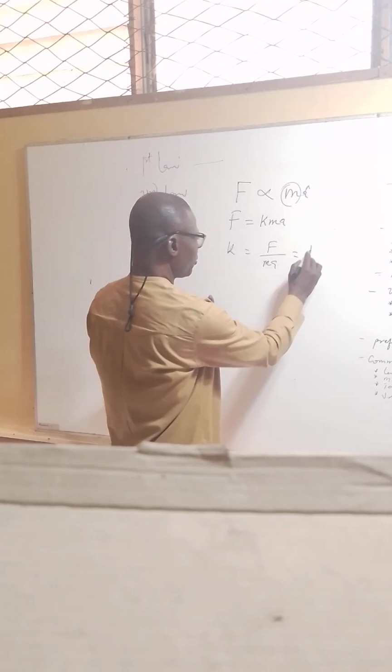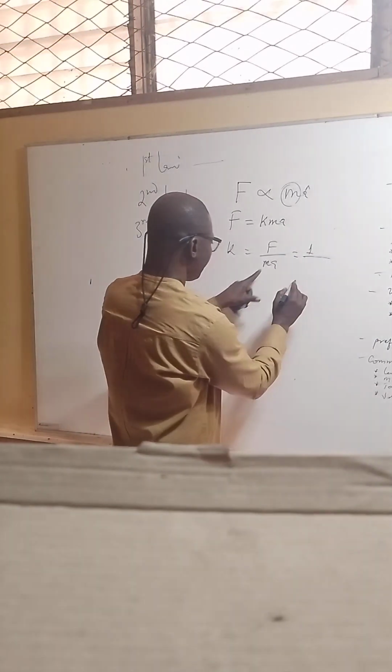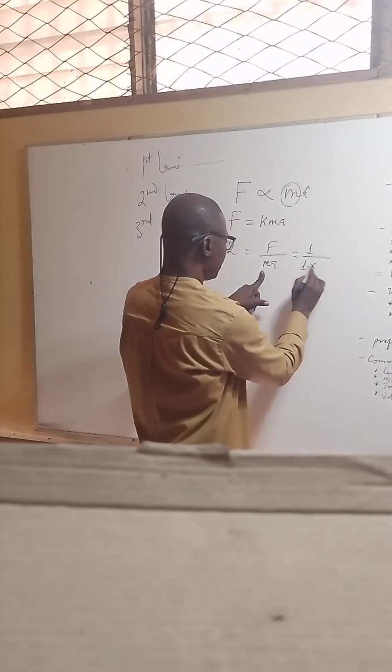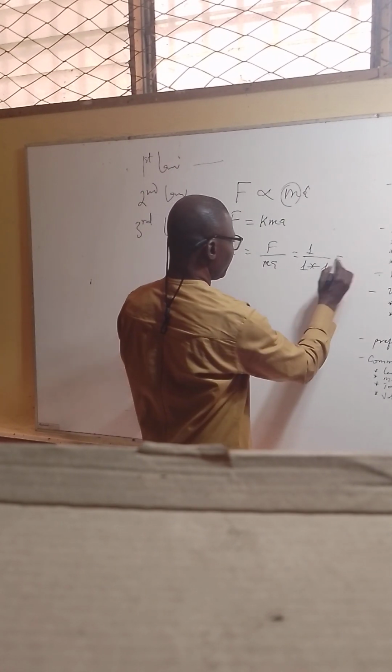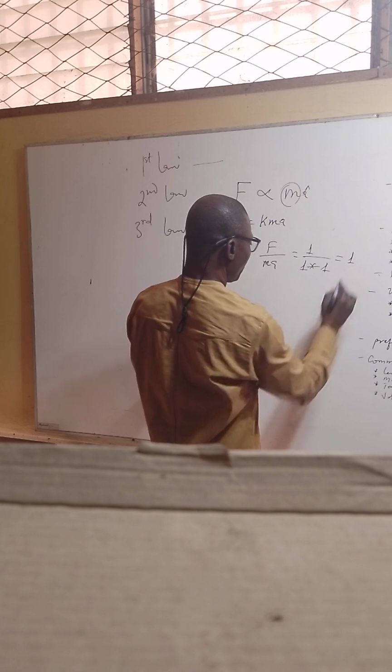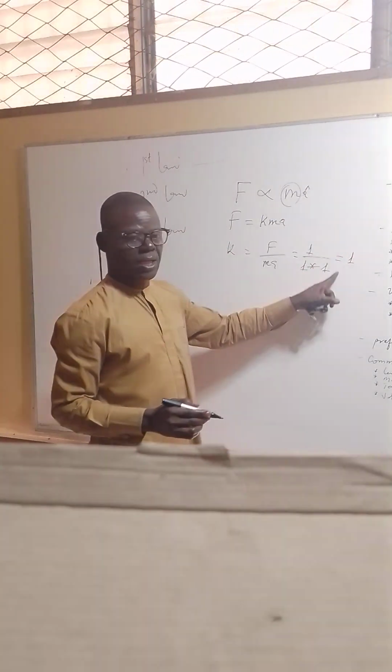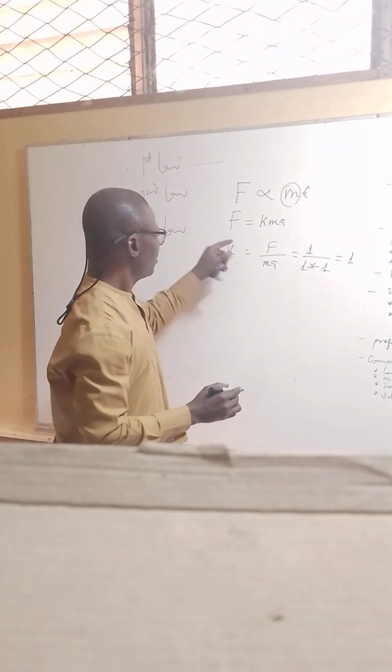We have a force of 1 Newton, a mass of 1 kilogram, and an acceleration of 1 meter per second square. And so finally we have 1 as the value of k.